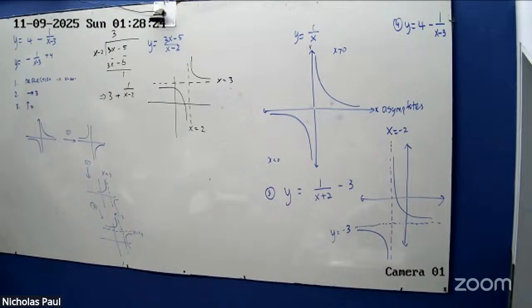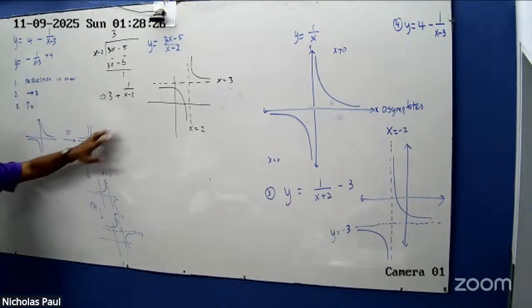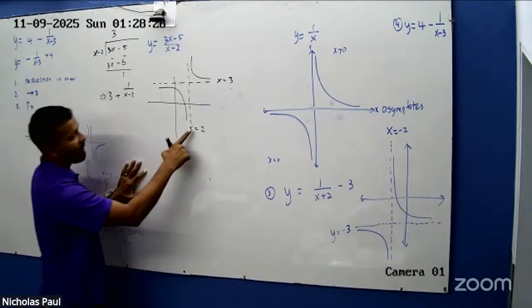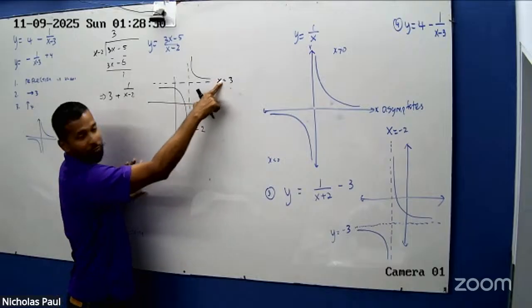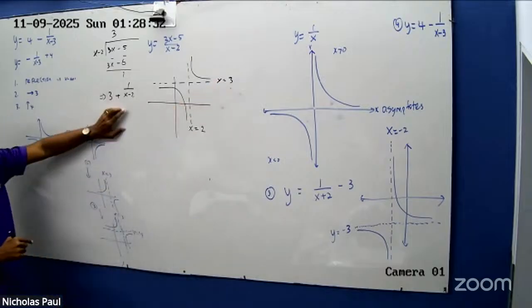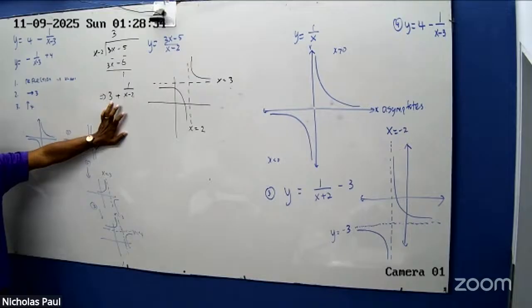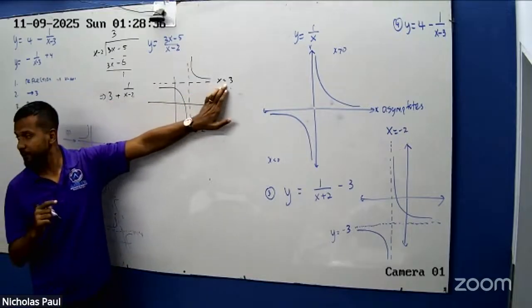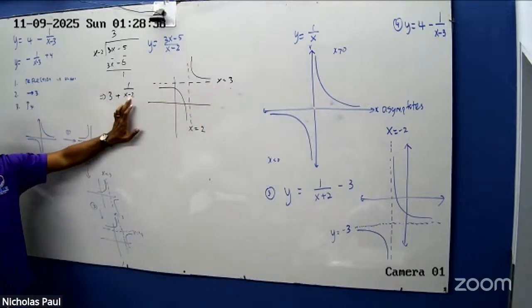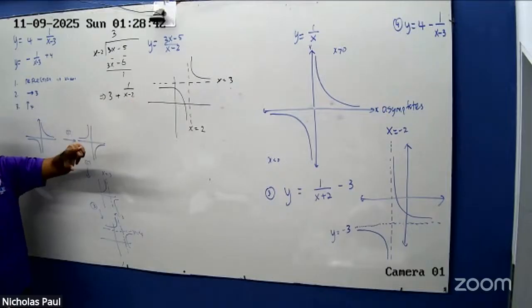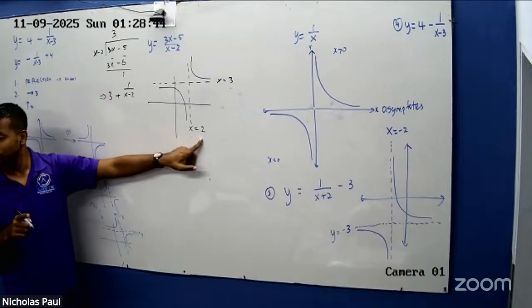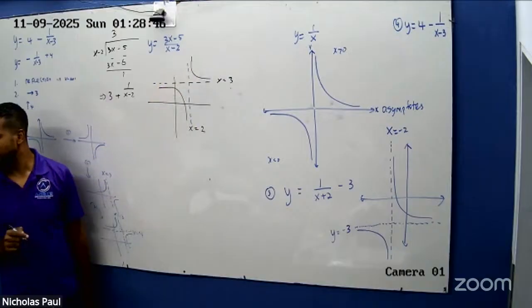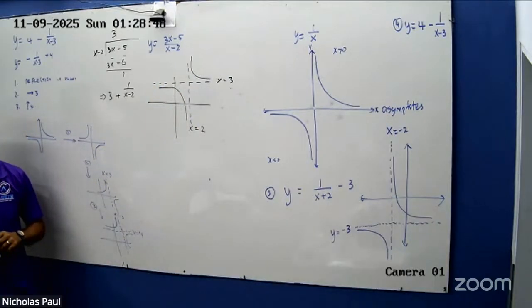This here is going 3 upwards, so it now becomes y is 3. This says 2 to the right. The minus, which is right next to the x, is to the right. Same position.